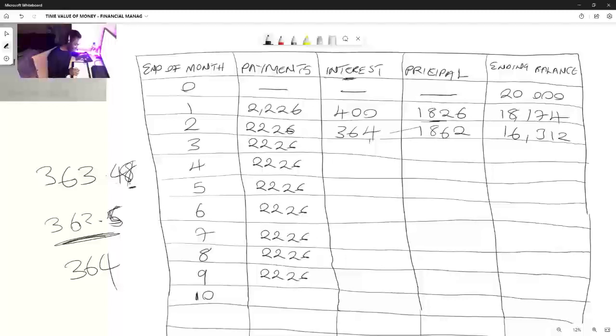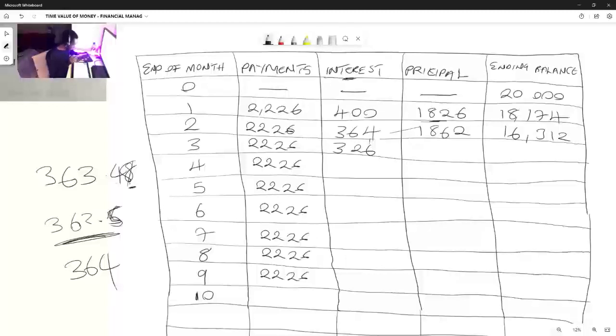Again, to find the interest for period 3, we multiply 2% by the ending balance for period 2, which is 16,312, so by 0.02, which gives us an interest payment of 326. We subtract this interest from 2226, which is our installment.